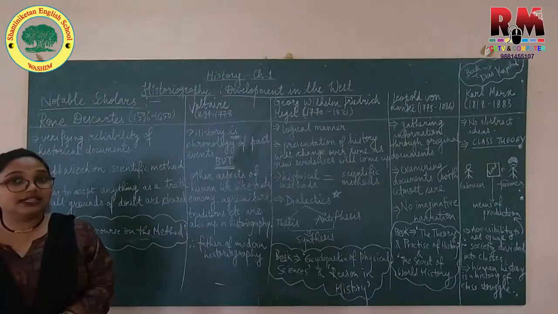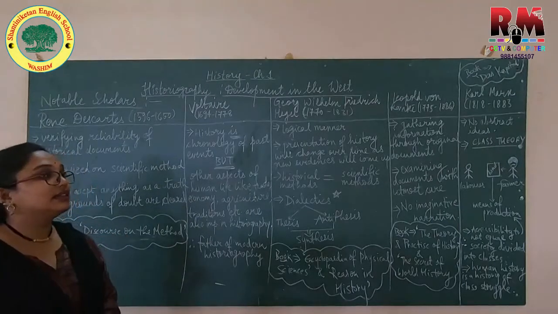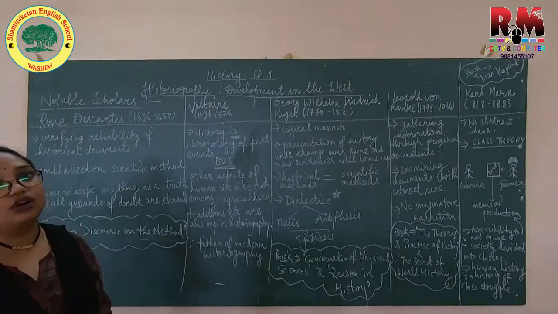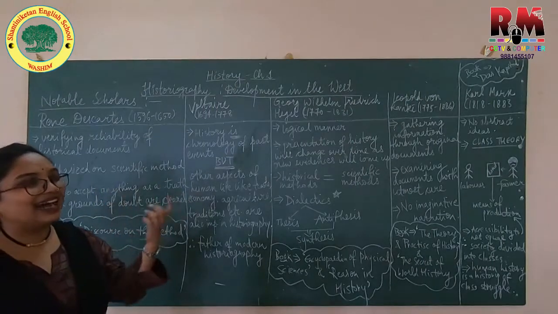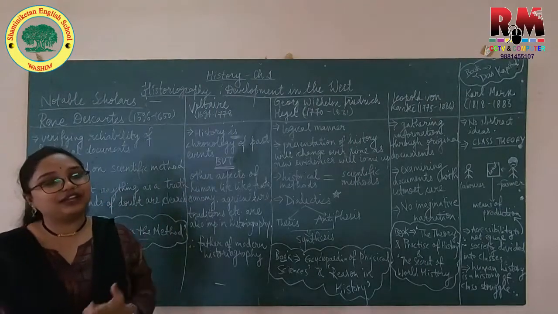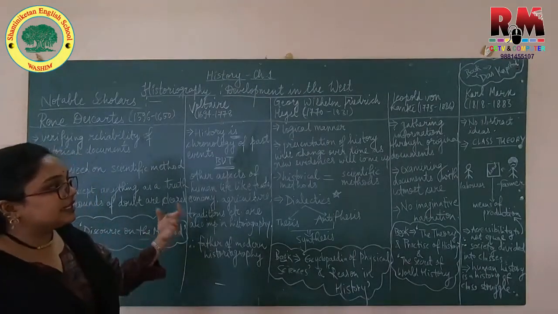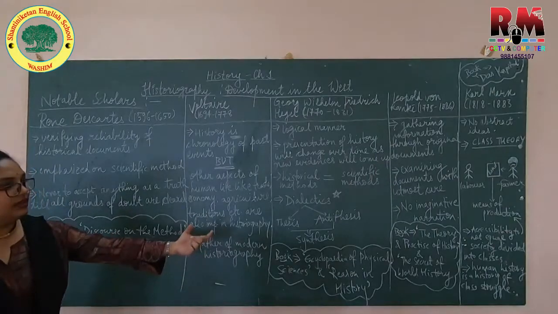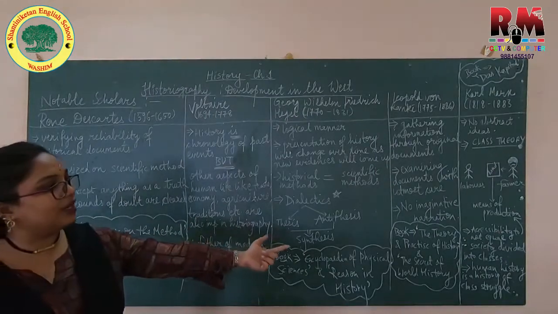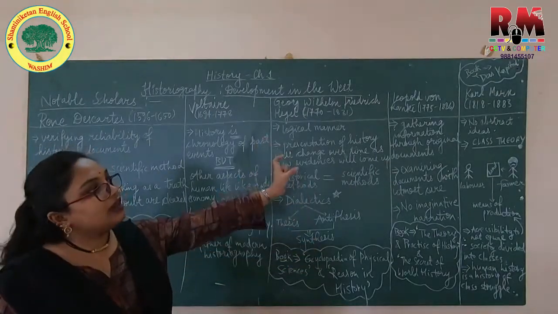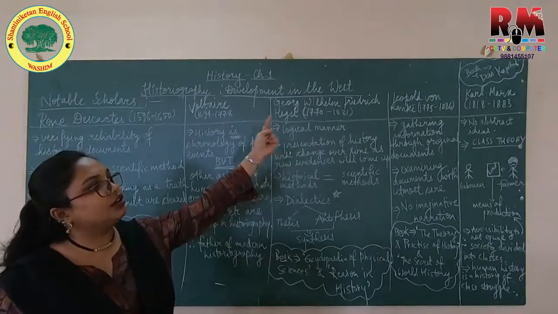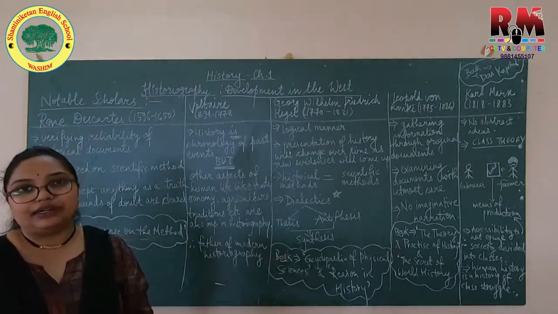Now, the last and the most important one is Karl Marx. Of course, all are important, but Karl Marx and his class theory are very famous and well known. I have written all the books at the bottom part of the board, but I had no place to write his, so his treatise is written on top: Das Kapital.